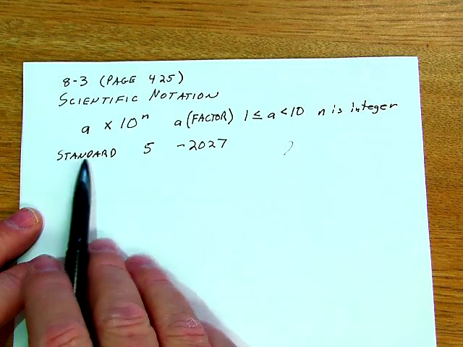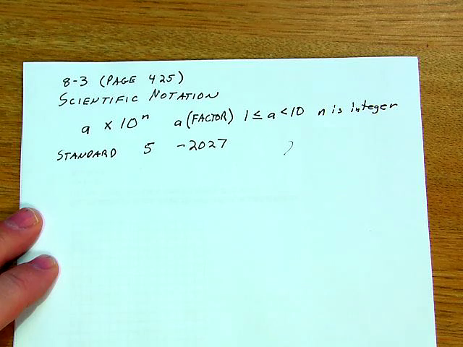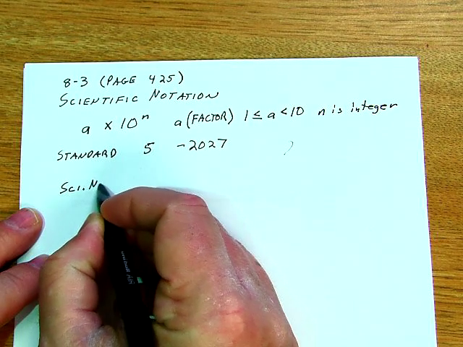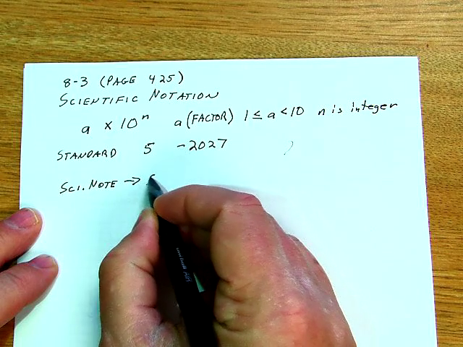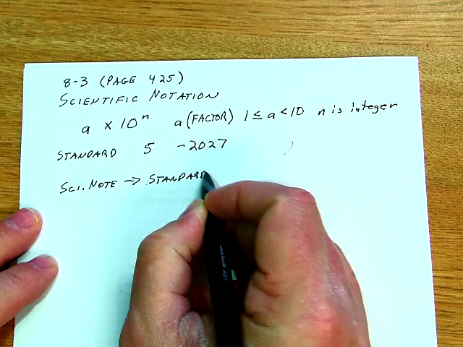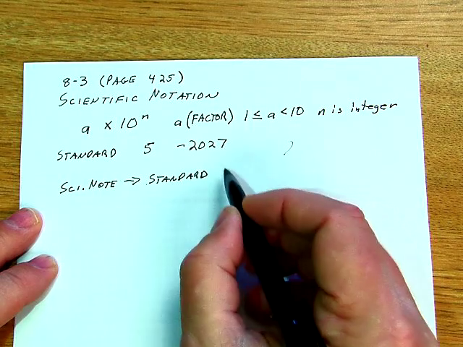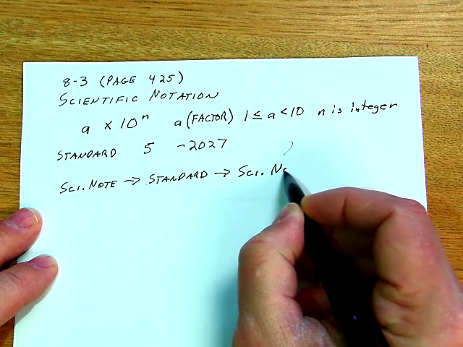Since I have two ways of writing a number, there are two ways to translate. I can take my scientific notation number and translate it to standard, or I can do the opposite: I can take standard and translate it to scientific notation.